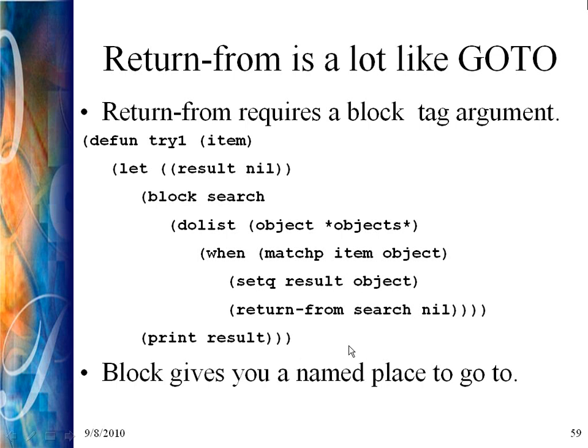Notice that if item is itself nil, and nil is one of the objects in the list objects, then there's no way for us to tell the difference between not finding nil in objects and finding it, because nil is returned or printed in either case.